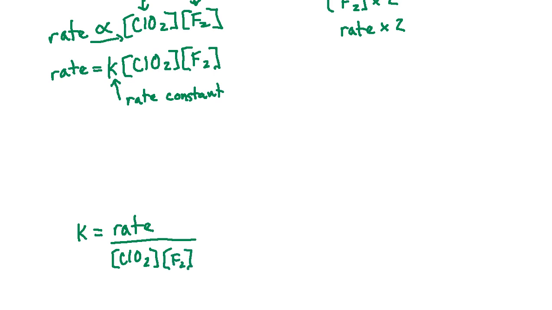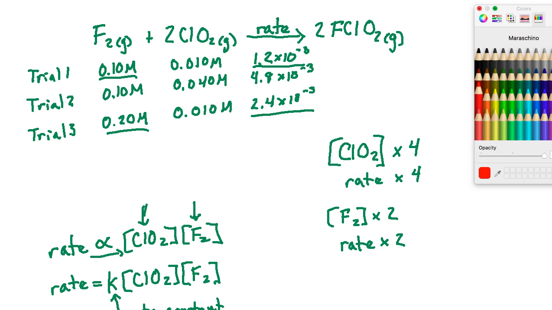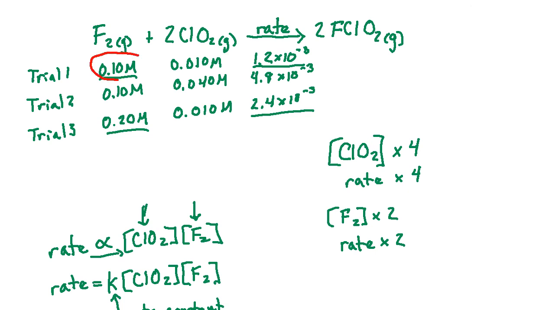Once I have this, all I would need to do is go up and use the values that I find for any of the trials. So we'll do trial 1. We're going to select, let's use a color here just so you can follow along, trial 1.